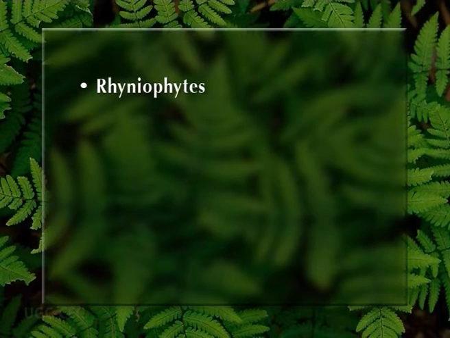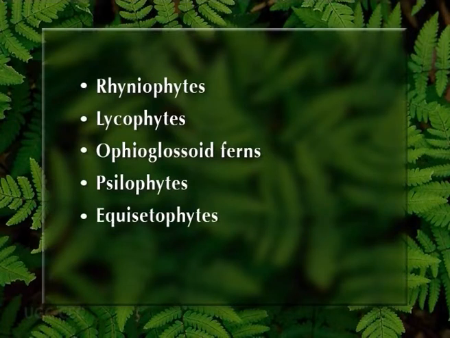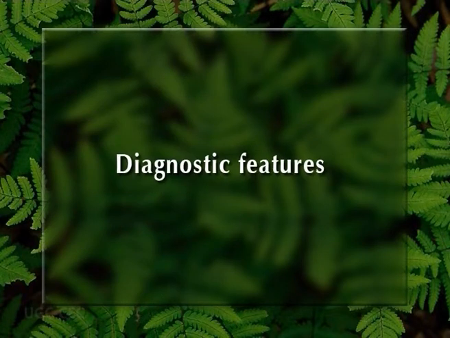These are number 1, Rhyniophytes, number 2, Lycophytes, 3rd, Ophioglossoid Ferns, 4th, Psilophytes, 5th, Equisetophytes, 6th, Marattioid Ferns, and the last, the 7th, Polypodiophytes. Now, let us discuss the diagnostic features of these 7 different groups one by one.